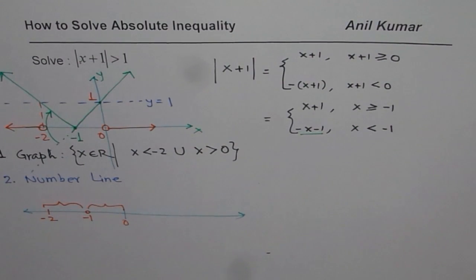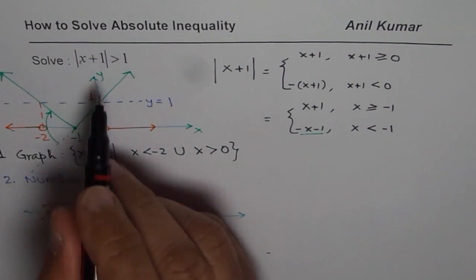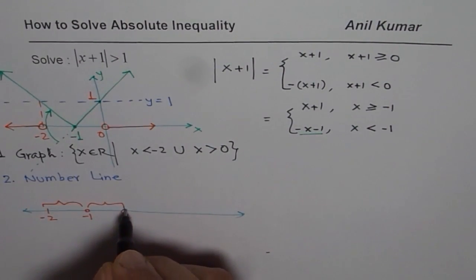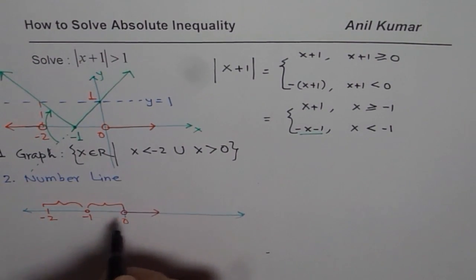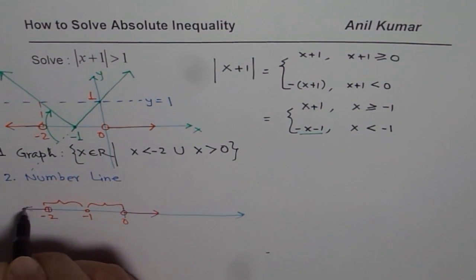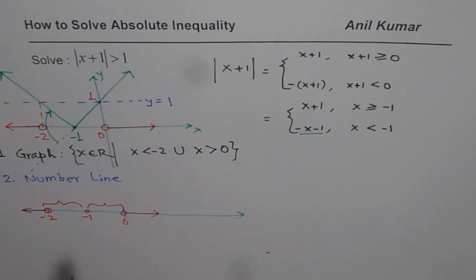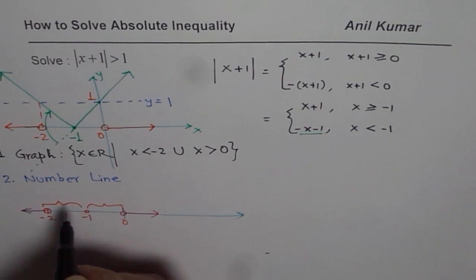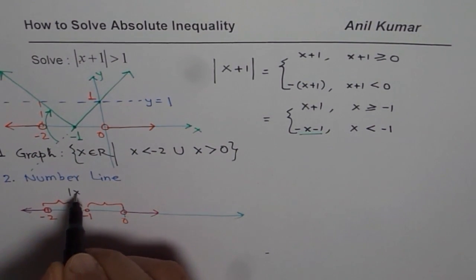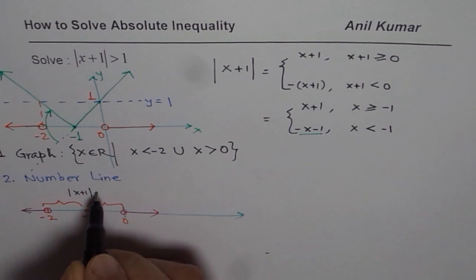Now what you want from the basic definition is you want to be away from here. So away from here means this. So on a number line, from this strategy, you can straight away write down your answer, right? So this indicates that absolute value of x plus 1 is greater than 1.